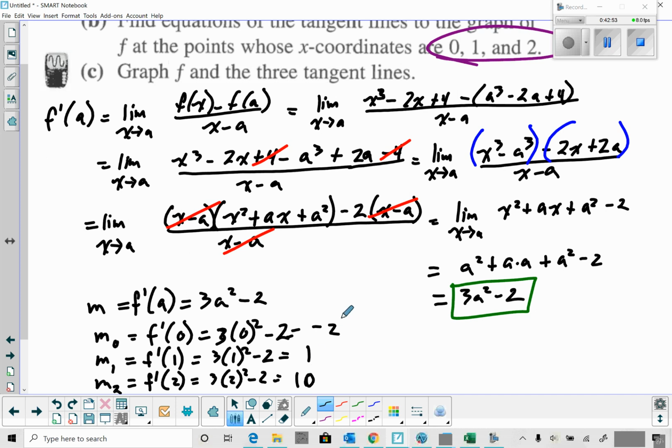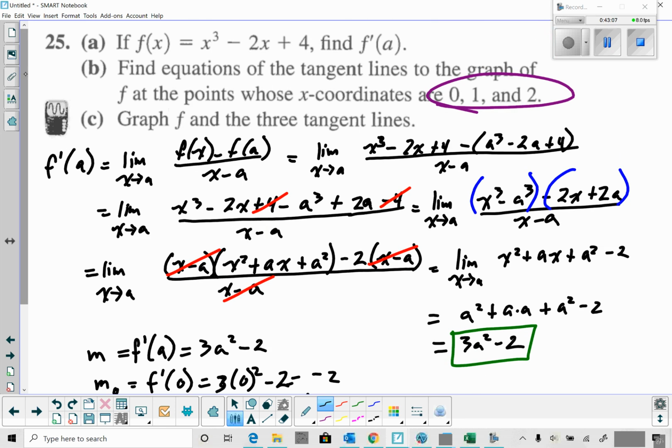We need to know the coordinates of those points of tangency. So that means we go back to the original function, x cubed minus 2x plus 4. So again, we substitute 0 now, not into f prime of a, we substitute 0 into f of x.